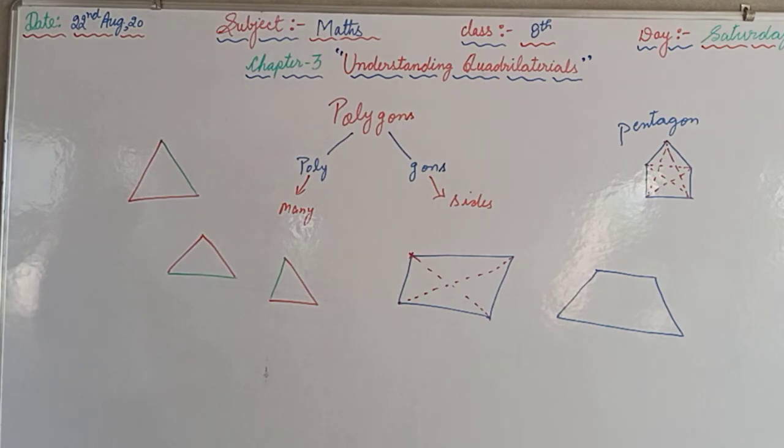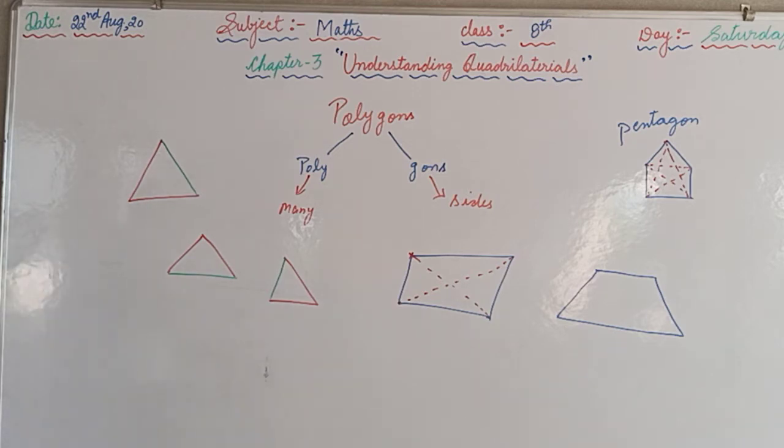Examine the table: each figure is divided into triangles and the sum of the angles of the triangles is reduced from that. So what can you say about the angle sum of a convex polygon with number of sides 7?